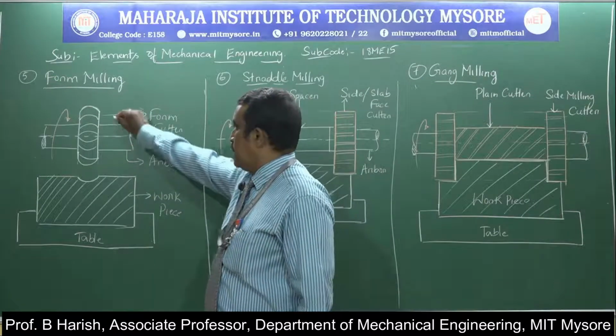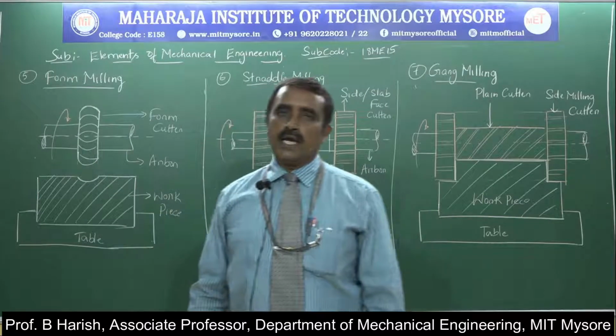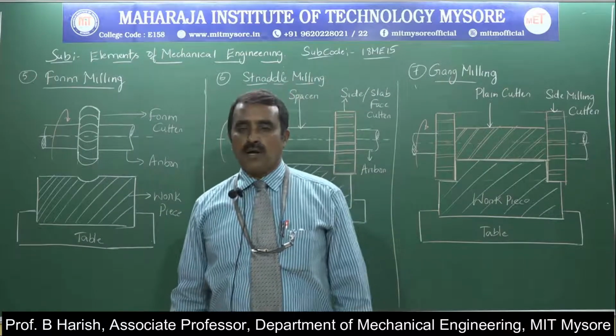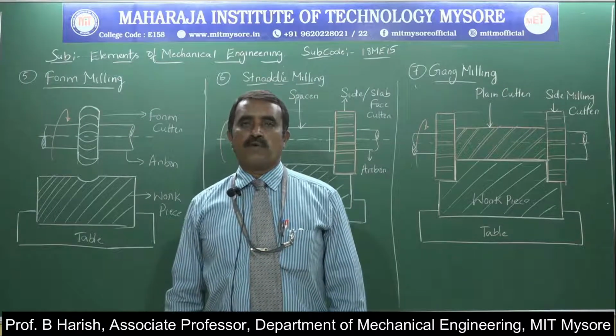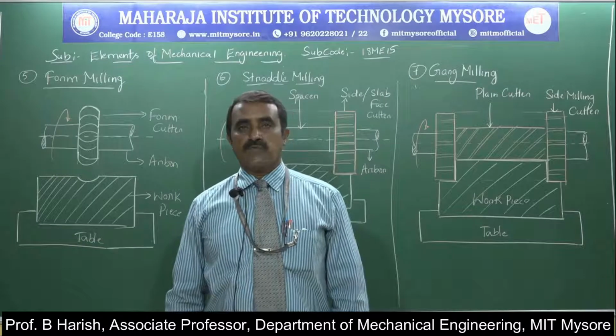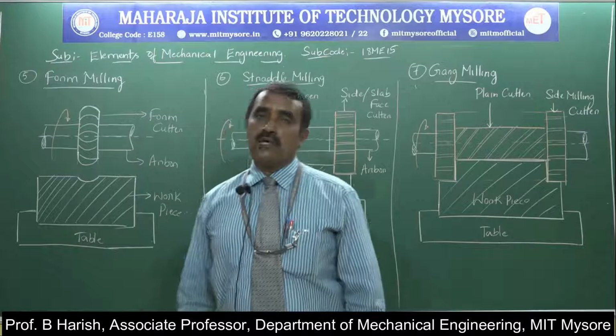This is the arbor, and this is the form cutter. In a milling machine, different types of cutters are used for performing different operations. Here the cutter we use is called a form cutter.